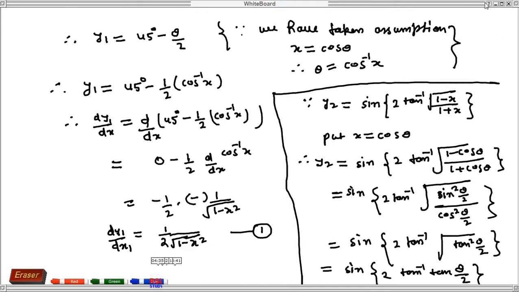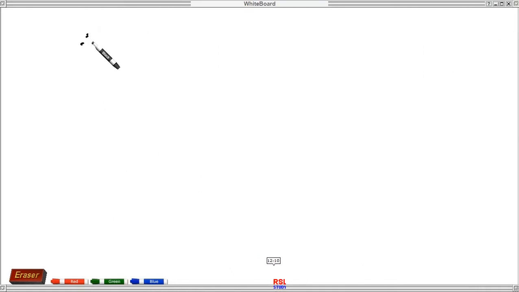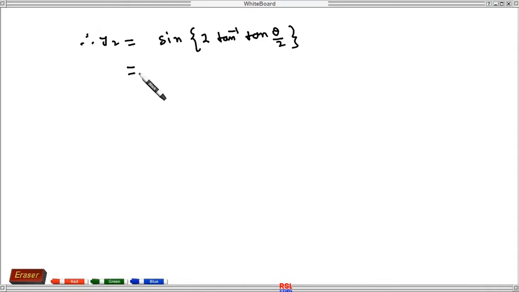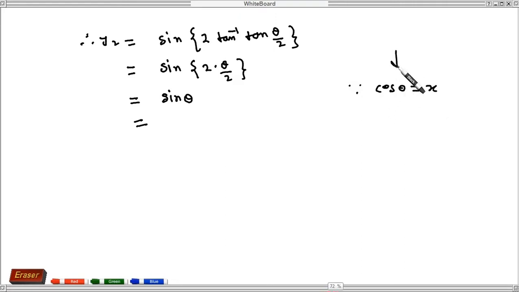So you got y2 equal to sine 2 into tan inverse tan theta by 2, that will be theta by 2, 2 cancels, so finally sine theta will come. So y2 equal to sine theta.